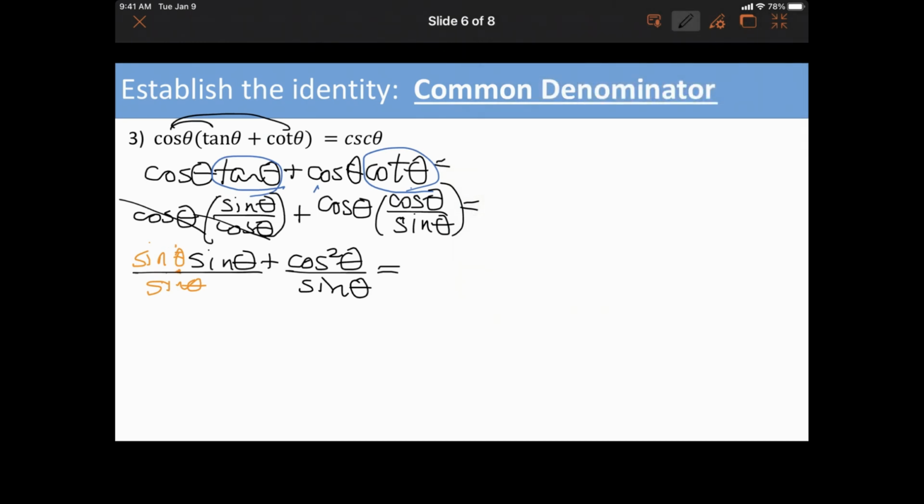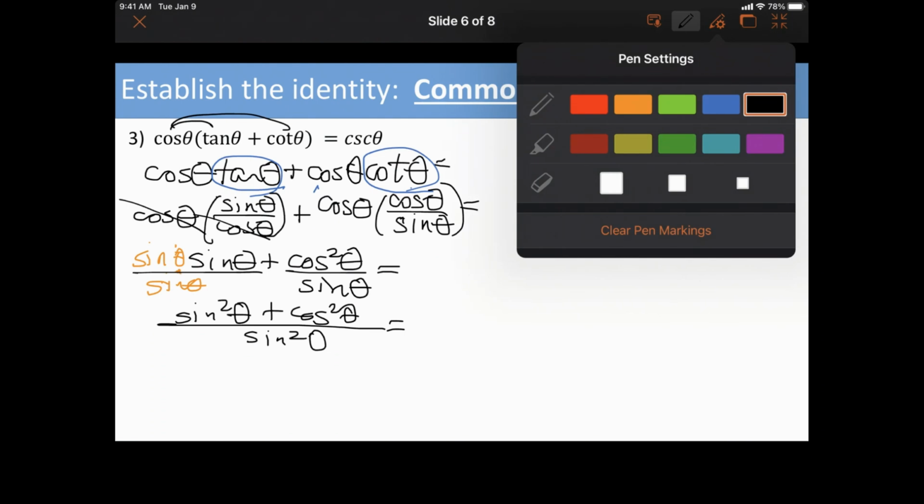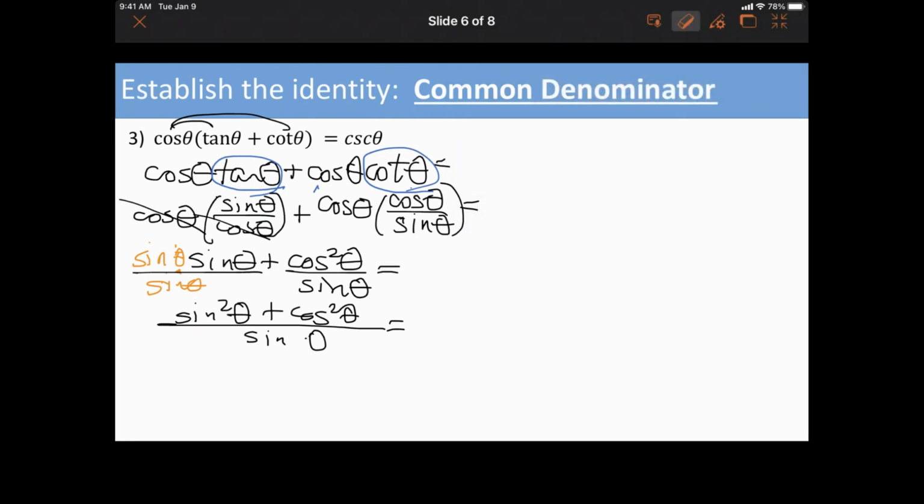So this here is going to be sine squared theta plus cosine squared theta over sine theta. Sorry, didn't mean to do squared. So if you're looking in the numerator, sine squared theta plus cosine squared theta equals 1 over sine theta, and that equals cosecant using the reciprocal identity.